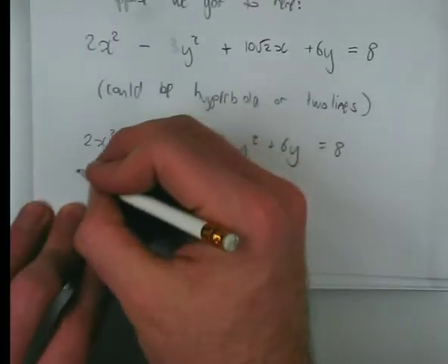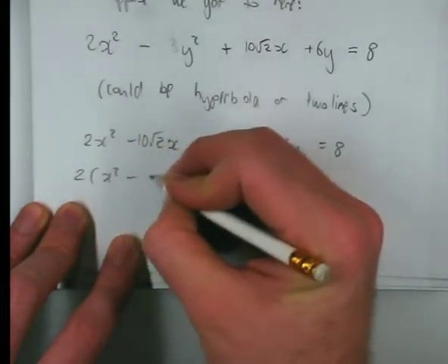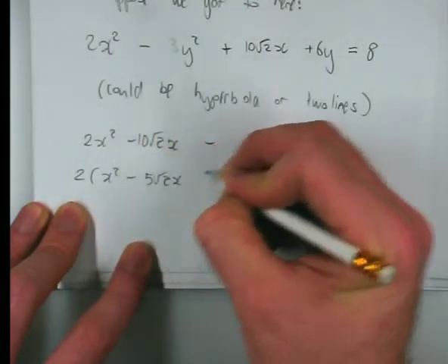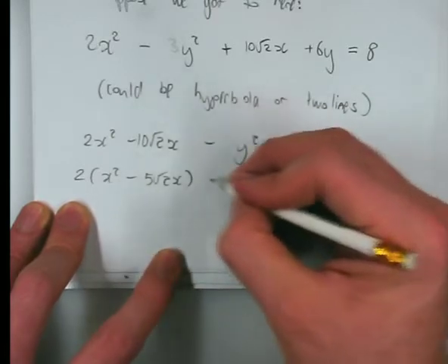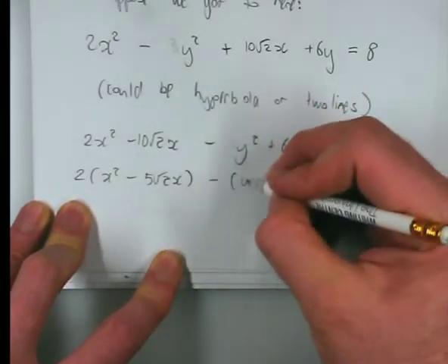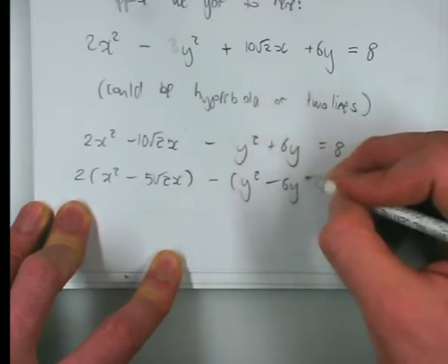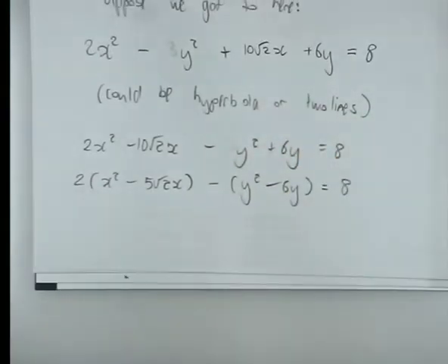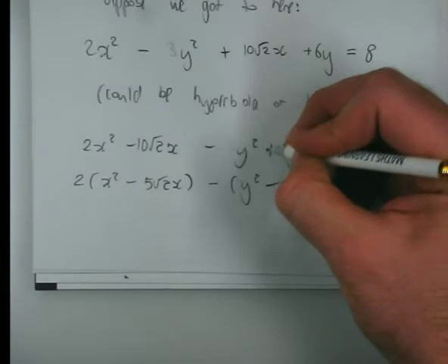So that 2 has to come out, and so I'll get 2x squared minus 5 root 2x. Oh, that was a bad plan of mine, but that's okay. And I have to take the minus out of both of those. Okay. And so the plus 6y will have to become a minus 6y because I took the minus out.